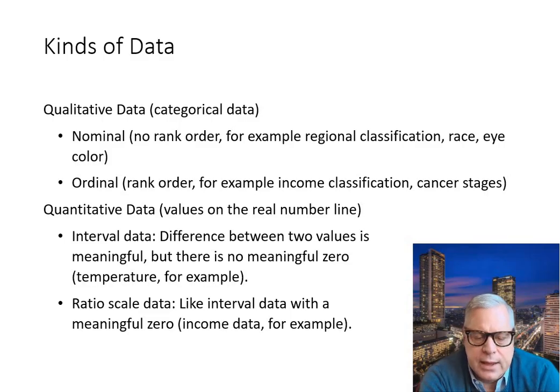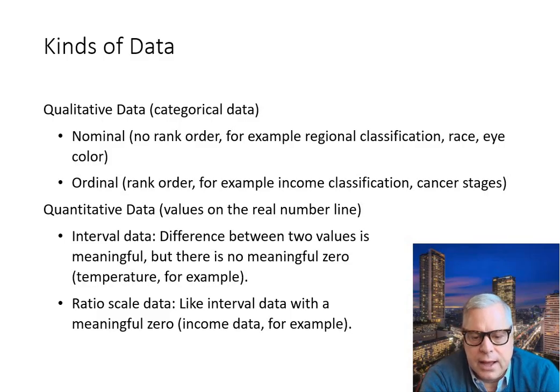The prime example that you can find in textbooks is temperature. So if you have 10 degrees Celsius, that is obviously colder than 20 degrees Celsius. But if you have 0 degrees Celsius, that doesn't mean that there is no temperature. So the zero in interval data does not mean the absence of something.